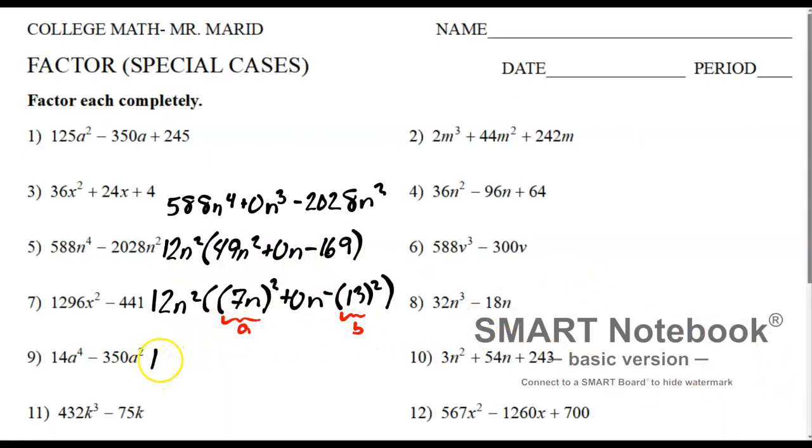So we're going to have still our 12n squared, and we're going to have our A, which is 7n plus 13, and we're going to have our A minus our B in this case. Because of plus or minus we can combine them, but this is your simplified special case for this one.